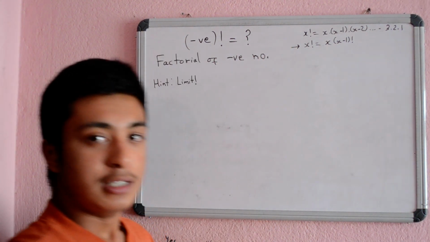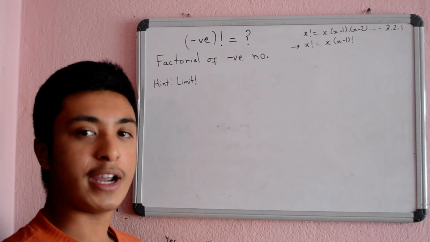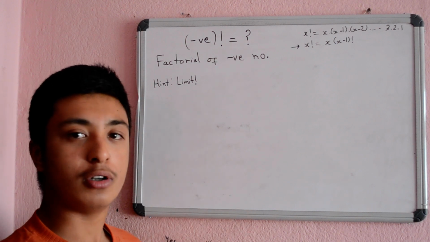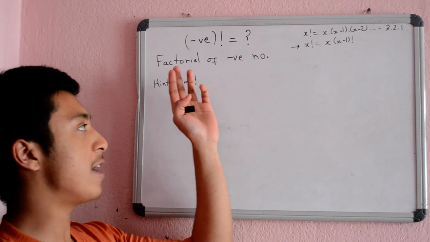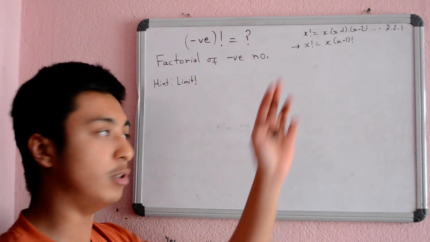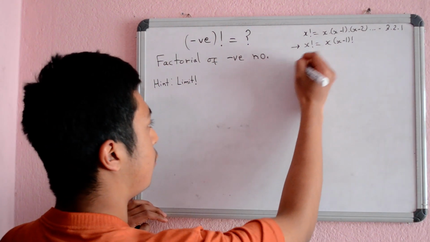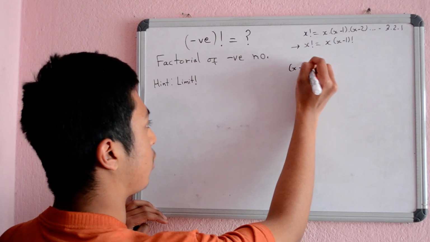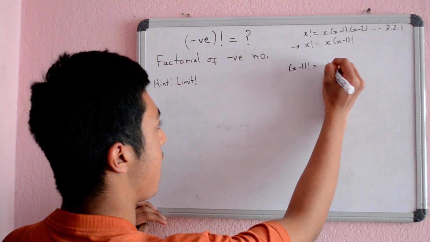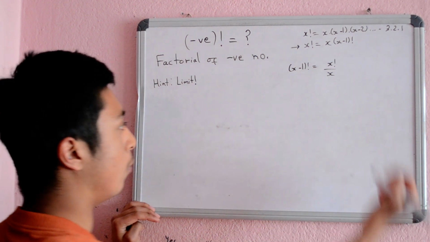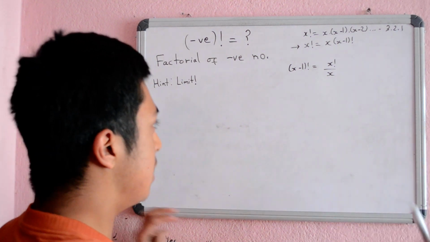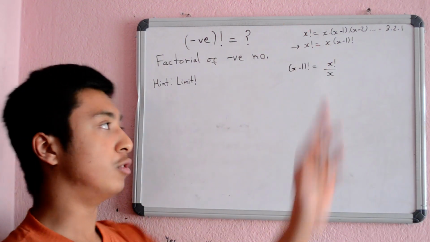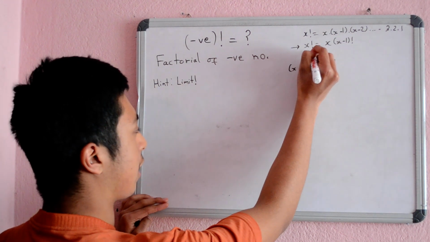And from here we'll have to use this property to find the factorial of negative numbers. Now let's first find 0 factorial, because we're going to find the factorial of negative numbers in a similar way. So from here we have x minus 1 factorial is equal to x factorial by x. Now let's say you put x equal to 0 because we want to find 0 factorial.